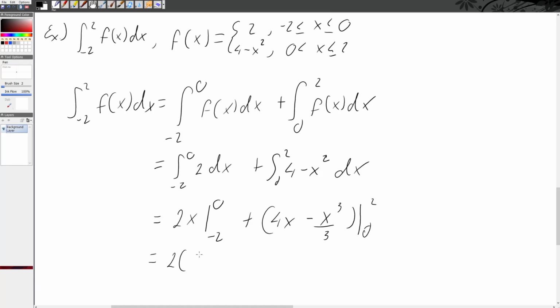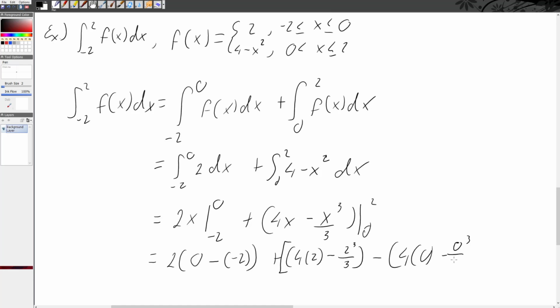So 2 times 0, minus 2 times -2. Plus, we have 4 plugged in 2, minus 2 cubed over 3. That's the top, minus 4 plugged in 0, minus 0 to the third over 3.